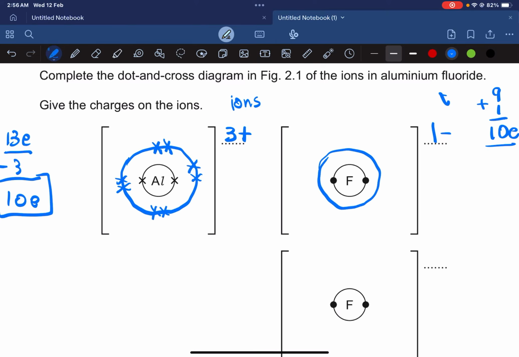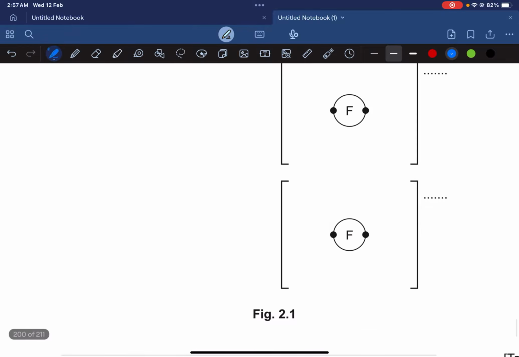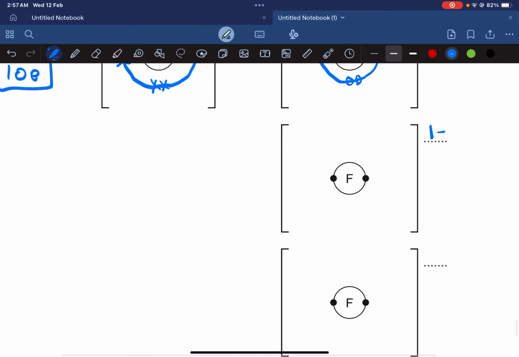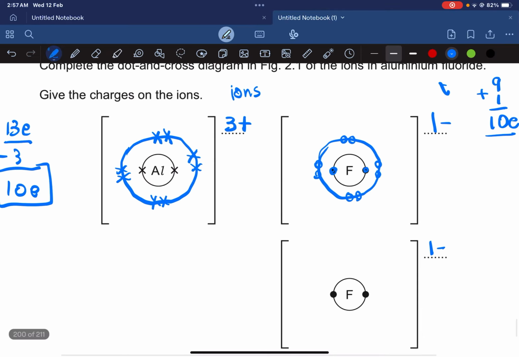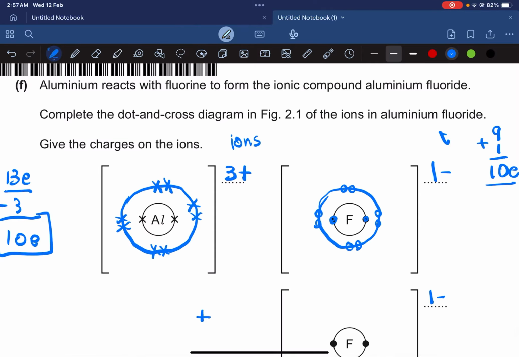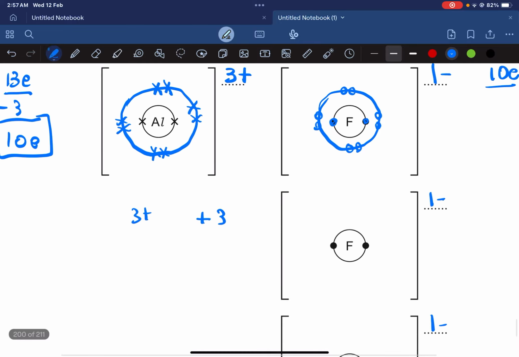We already have these two, so we only need 8 more. For this as well, we write 1 negative. One important thing: instead of writing +3, it's better if you write 3 plus. That looks better. That's just a humble advice.